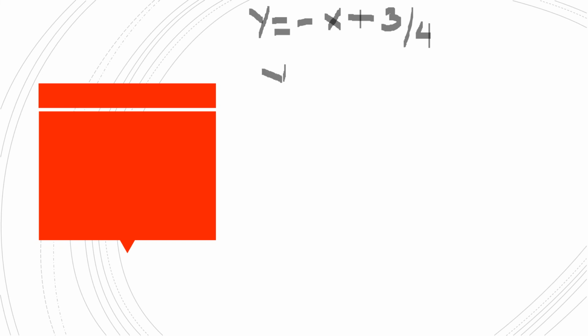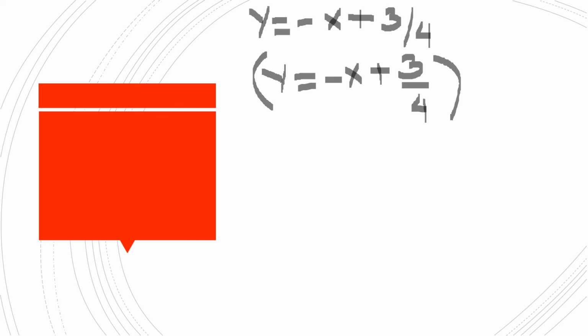So, y equals negative x, copy first, plus 3/4. So, we should remove the 4. So, remember, there should be no denominator. So, y has no denominator, x has no denominator, and c has no denominator.